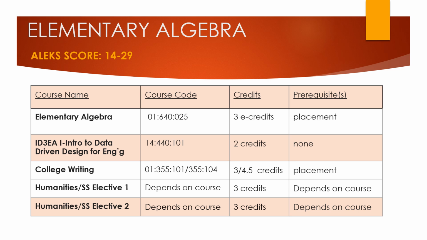Again, the ALEC score is 14 to 29. You'll be taking elementary algebra, intro to data-driven design for engineering, and college writing. If you got placed into extended, this would be the course right here, 104. And then you can take a humanities social science elective.